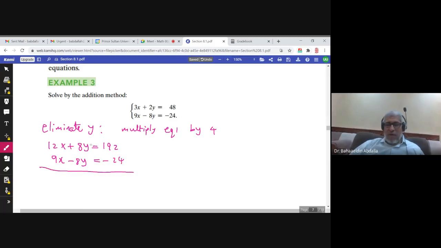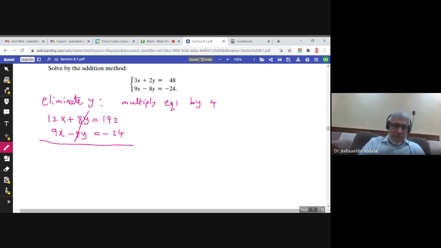So now, if I add the two equations, y will be cancelled. And if you add 12x plus 9x, you get 21x. And if you add 192 plus negative 24, you get 168. So x is 168 over 21, and that's 8.